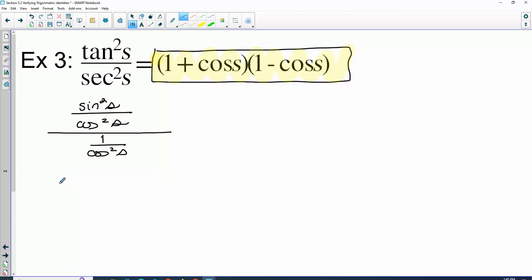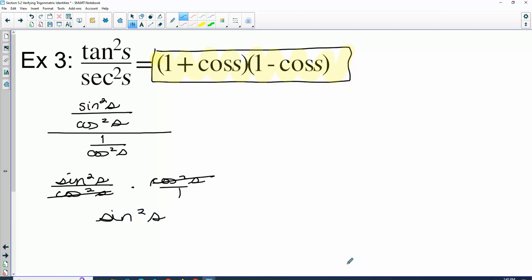How do we divide fractions? Change to times. First one stays the same, times the reciprocal of the second. At that point, cosine on top and bottom cancels, and all we have is sine squared S.